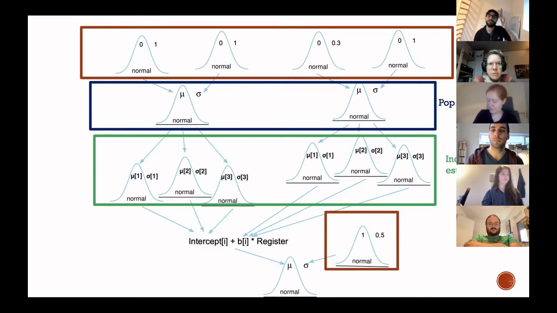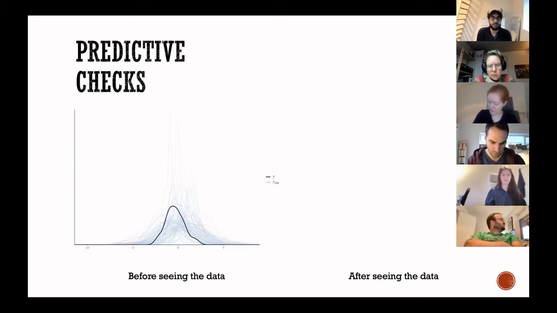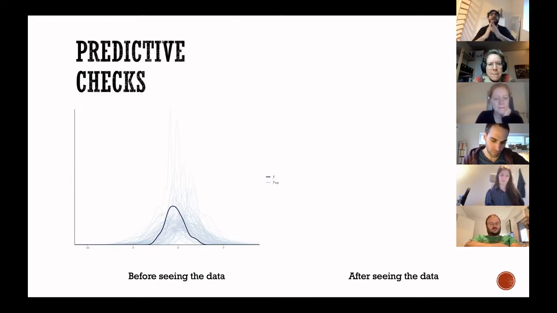So putting the numbers in our graphical model here, and then we do predictive checks. When we run these, this is the prior predictive check, and we see that now it goes a bit broader than before, roughly between -10 and +10. Before, I think the last model we tried was between -6 and +6. This is because we are allowing participants to deviate from the population mean. We're allowing for more heterogeneity in the data.